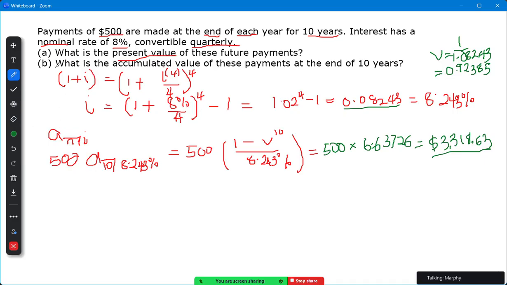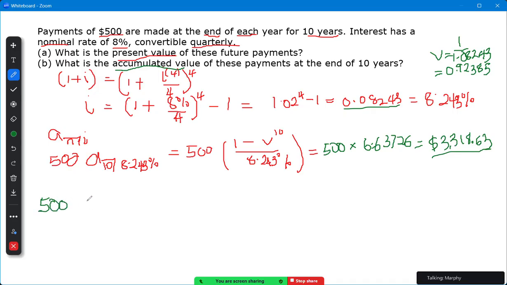Now, the next part of the question says, what is the accumulated value of this payment at the end of 10 years? So when you say accumulated value, it's simply telling you the future value of that payment now. So that's the future value. So this is going to be 500.